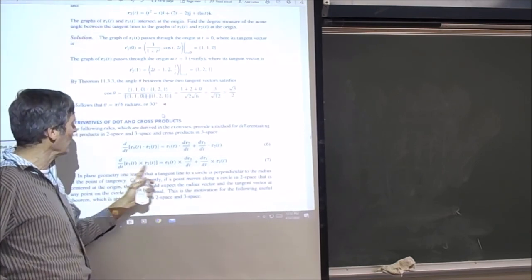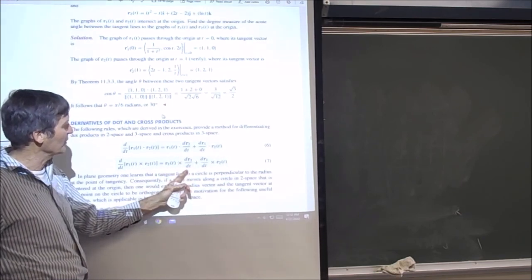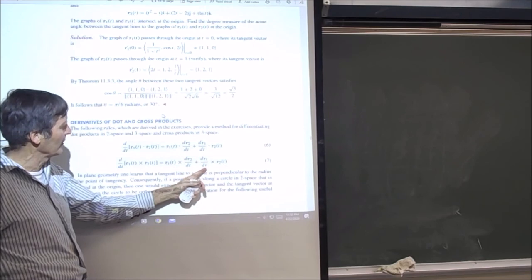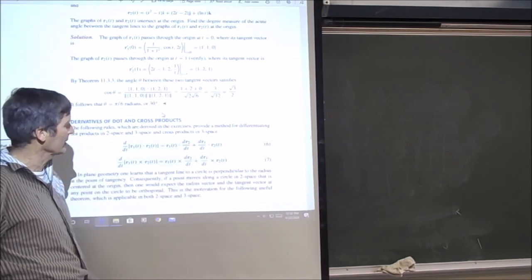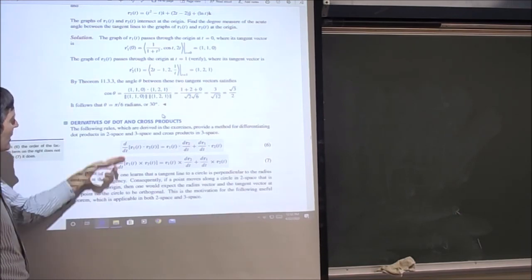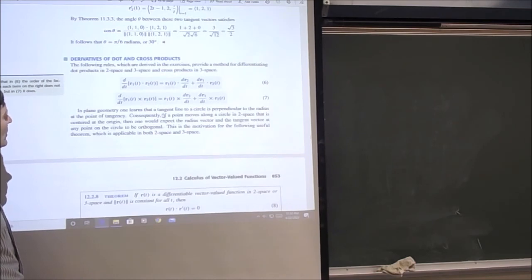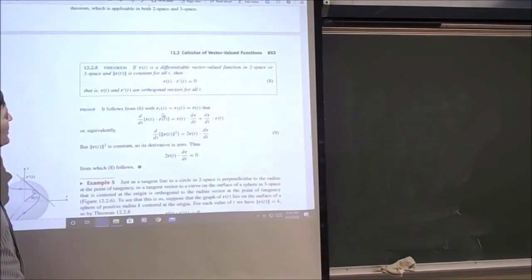And similarly, the cross product follows a product rule: R1 cross the derivative of R2, plus the derivative of R1 cross R2. So the scalar product, the dot product, and the cross product all have product rules, and they're easy to compute.